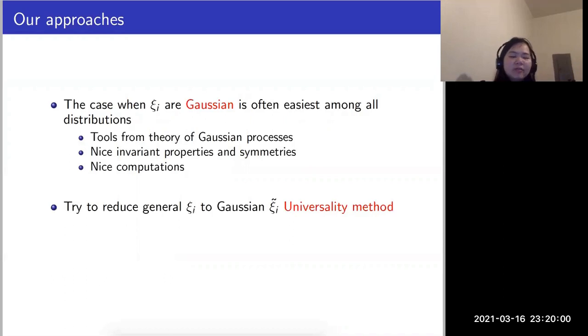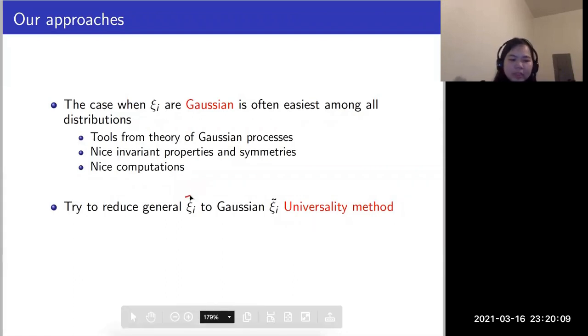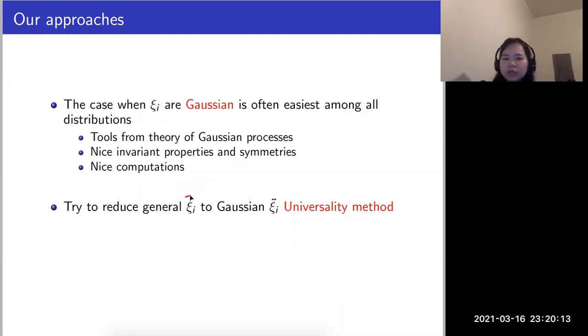And then for the general distribution, for example, when ξ_i are plus minus 1, and we try to study the properties of the random polynomials in this case, what we usually do is try the universality, try to show if they have the universality property, which I will explain shortly.